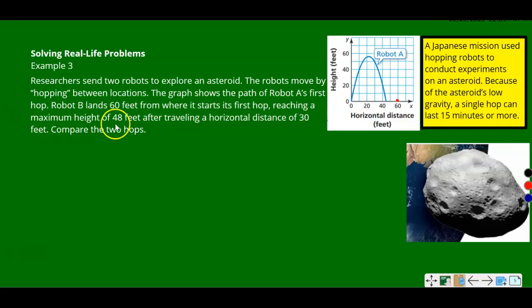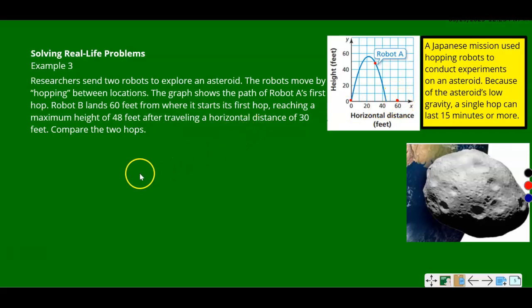It reaches a maximum height of 48 feet after traveling 30 feet. So if we come over to 30 and go up to 48, we know that's going to be its maximum height. And if we start at 0, 0, then we can sketch that graph here that looks like that.